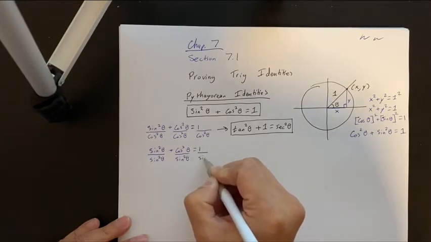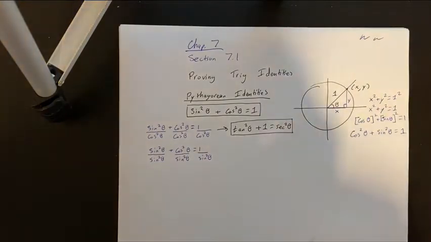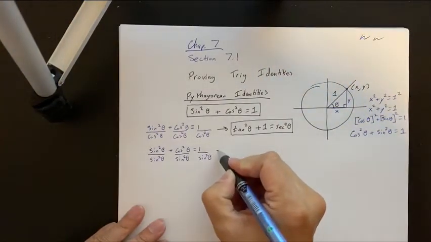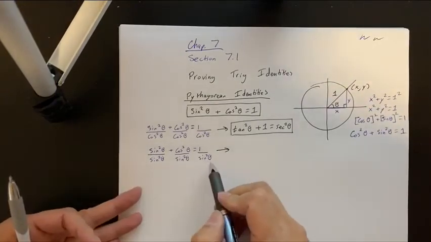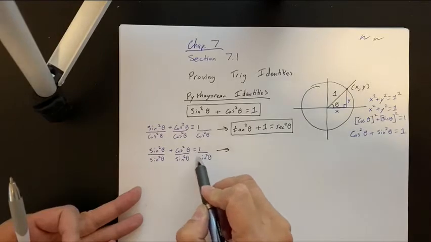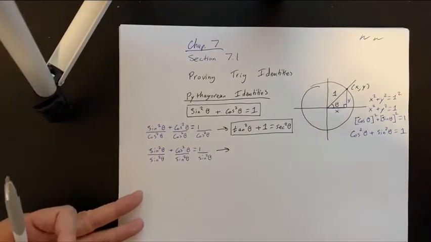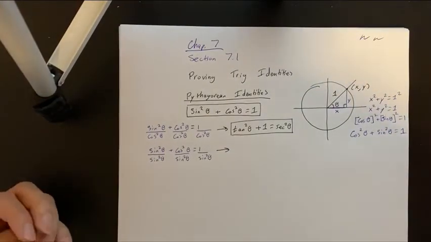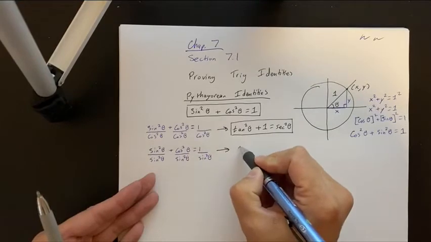On the right side, divide 1 by sine square. And then we'll simplify. And this will give us the third identity. Why can I do this? Because here you have an equation. I can do anything to one side as long as I do the same thing to the other side, right? This is algebra. It's called balancing out the equation. So sine square divided by sine square is a 1.